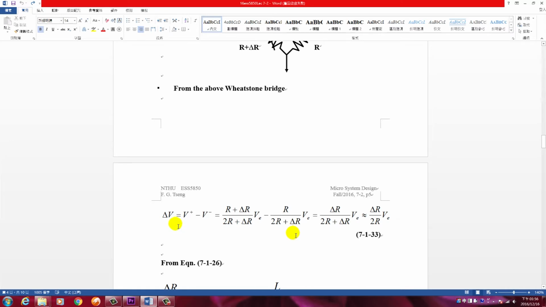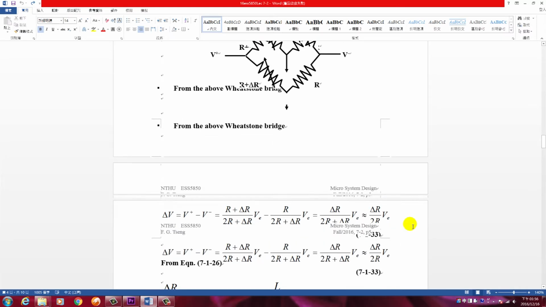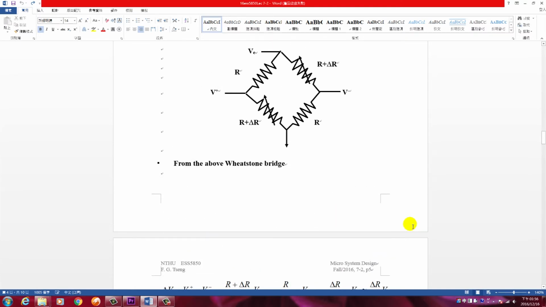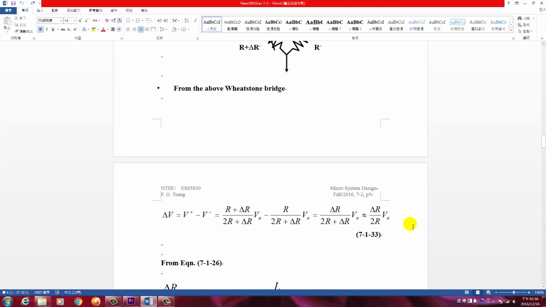If you change more on the resistance, the voltage difference will become even larger. So the voltage difference here will be proportional to the delta R, according to the situation I just mentioned. These things can be calculated accurately by solving the circuit using the equations at the bottom.